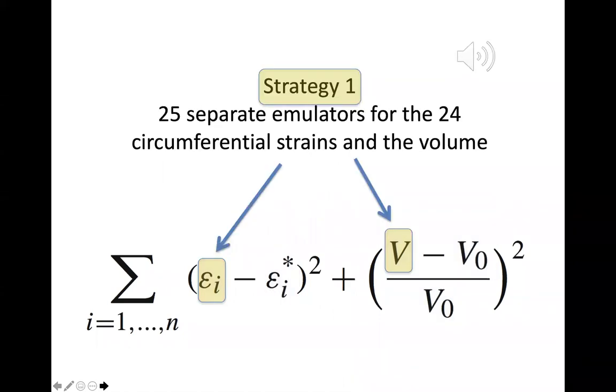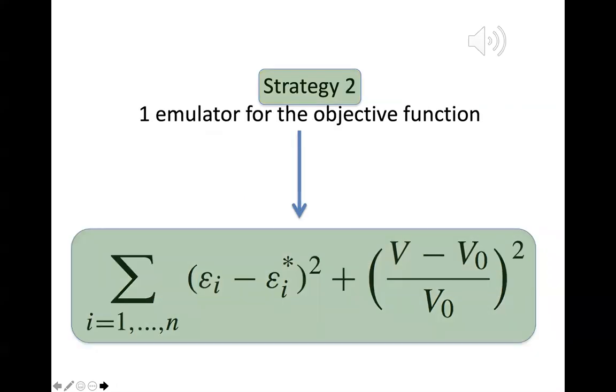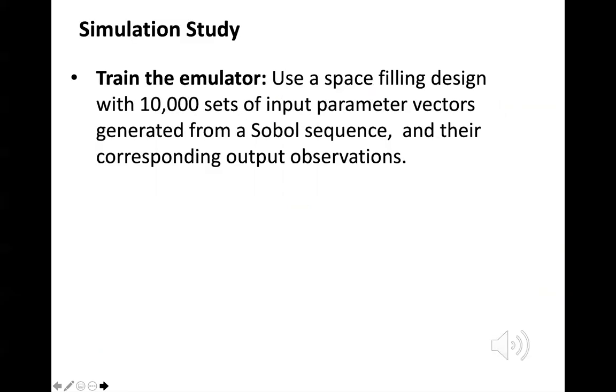One emulation strategy is to build 25 separate emulators for each of the 24 circumferential strains and for the left ventricle cavity volume. An alternative emulation strategy is to target the objective function directly and only construct one emulator for the objective function. So the question is, which of these two emulation paradigms is to be preferred?